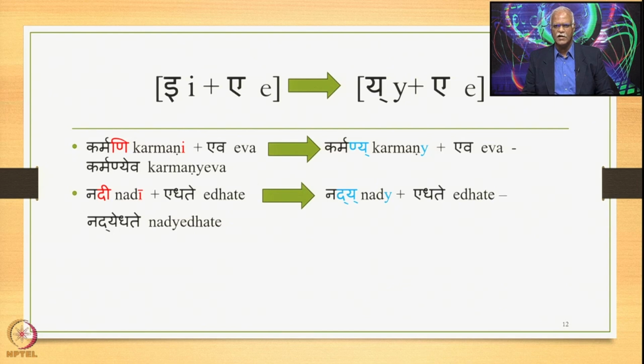Earlier it was Karmanyeva, now it is Nadyedhate. The vowel A does not have a short variety and also does not have the Pluta variety eligible for this operation. So we have only A taken for example.